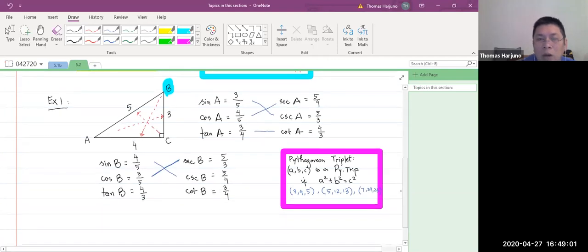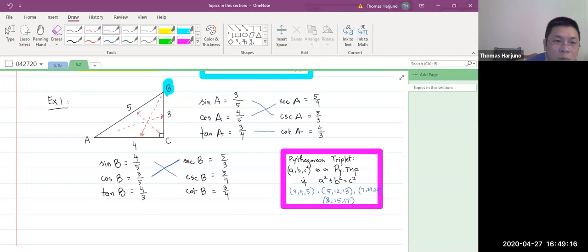And another one, I think, is 8, 15, 17. I actually list them in the order of how often they show up. 3, 4, 5 is the most often one. Then 5, 12, 13, 7, 24, 25, 8, 15, 17.